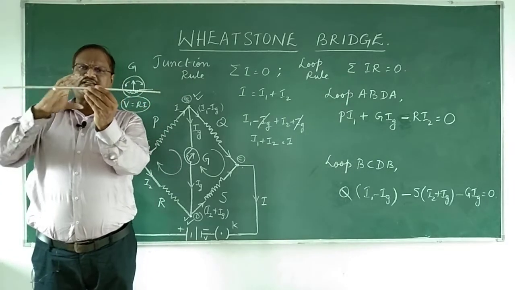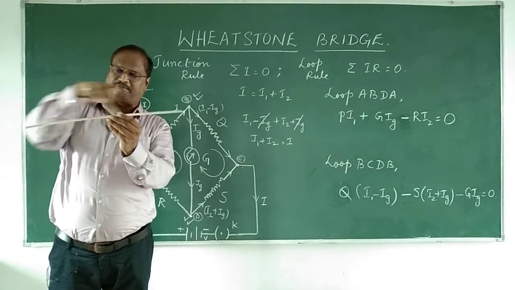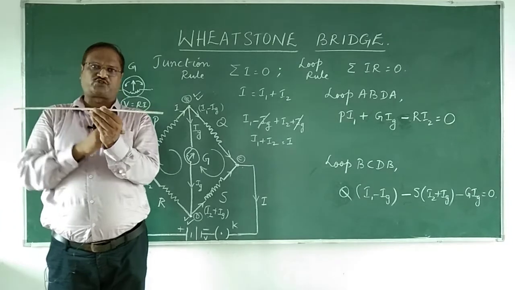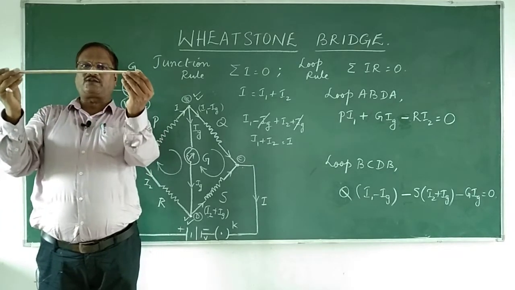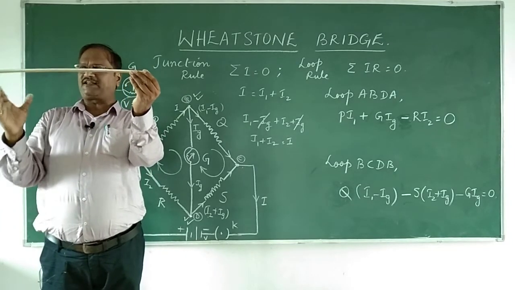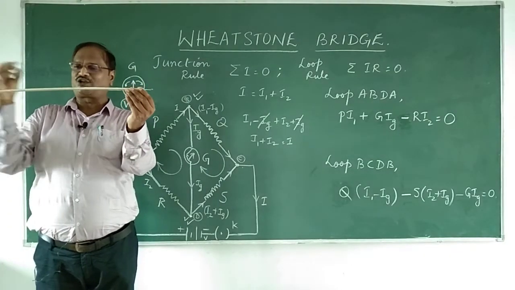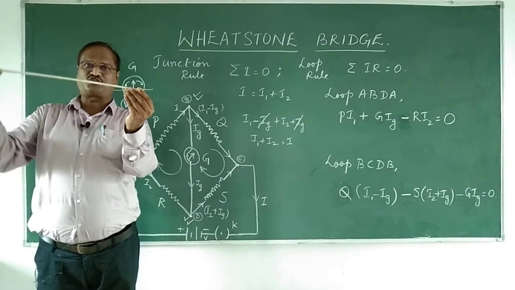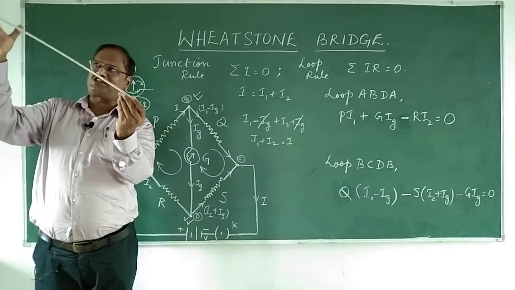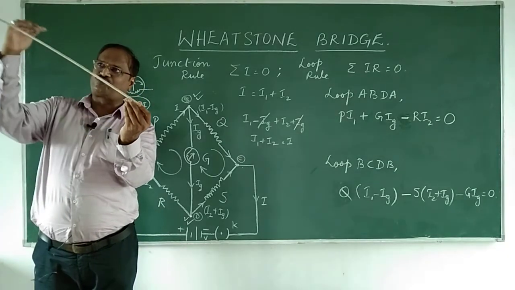I got a pipe through which water is passing through. When the water will pass, if it is in same level, from the ground, same height, it is not going to pass, no water will flow. Once you change the height, there is a change of the height, there is a flow of water.